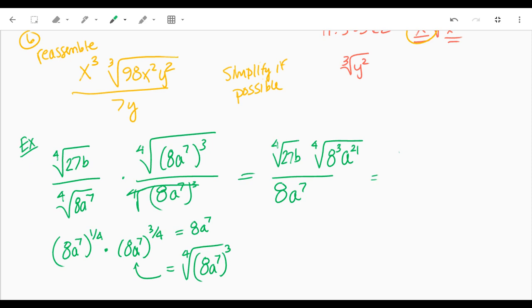So we can combine that: the fourth root of 27 times 8 cubed. Maybe this is just going to be some big numbers here. Yeah, it might be. 27 times 8 cubed, and the b and the a to the 21, over 8a to the 7th.